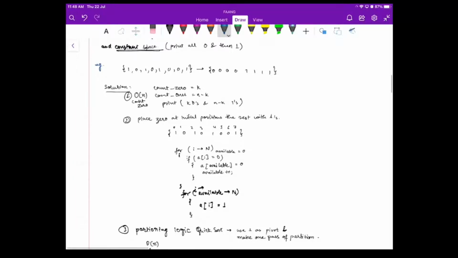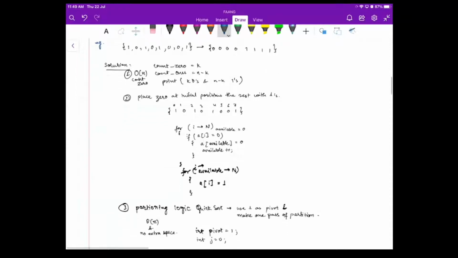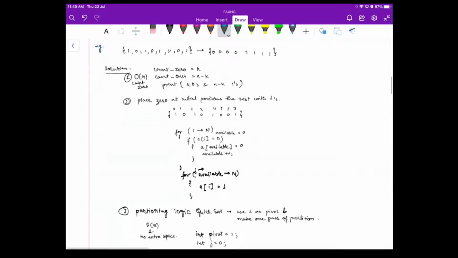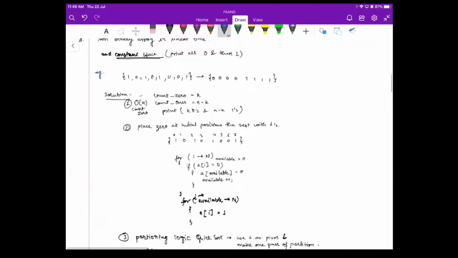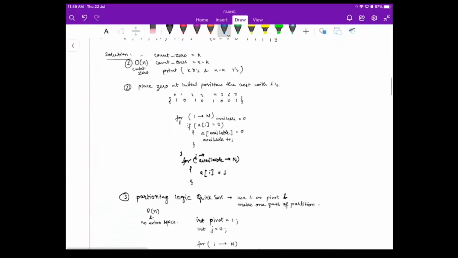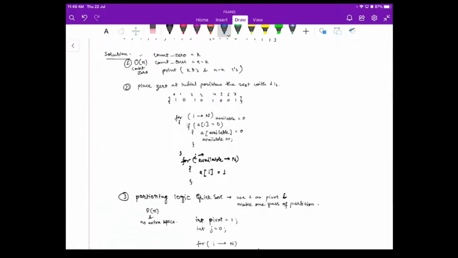Then we could directly print the array: first print zeros as many times as the zero came, and then print ones as many times as they came. So it takes linear time and constant space.